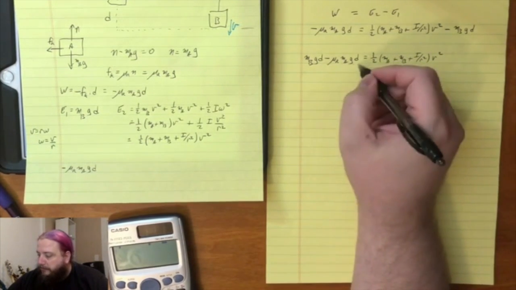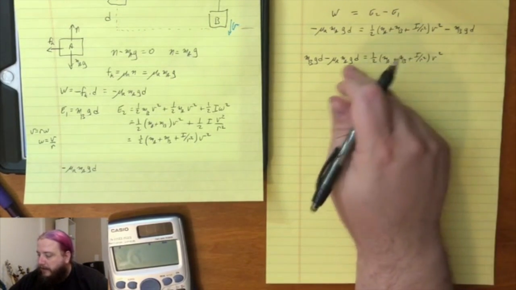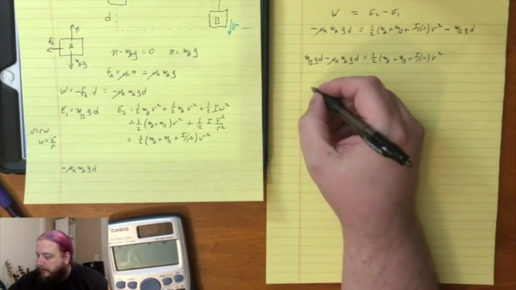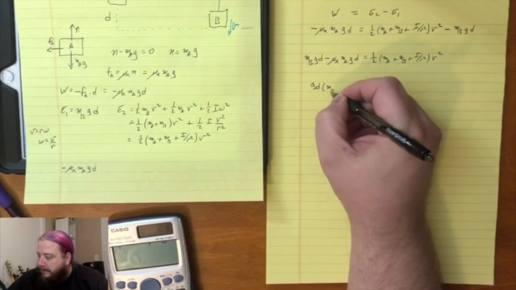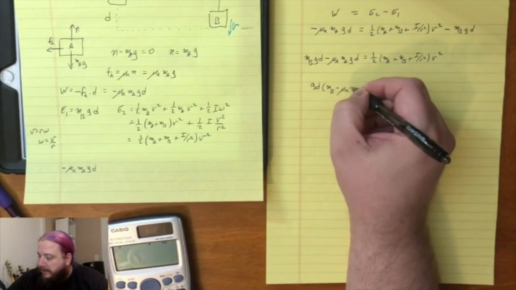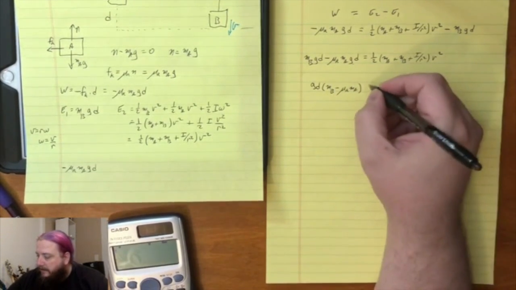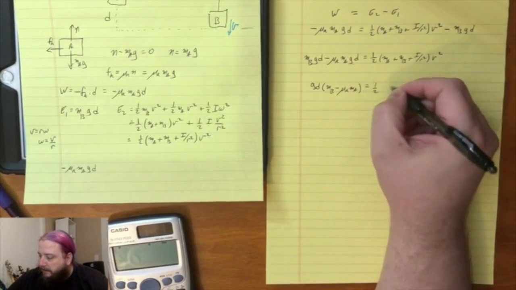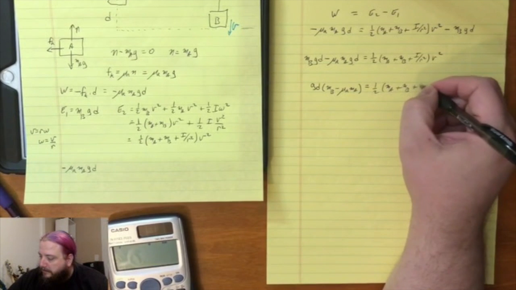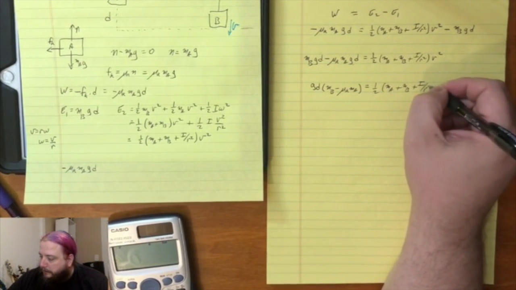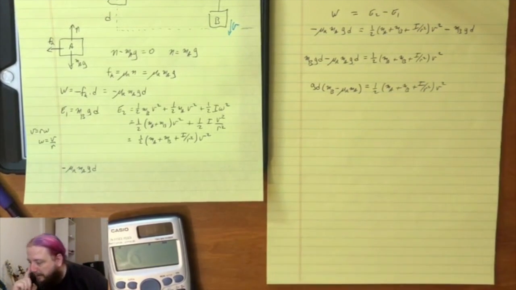Both of these first two terms have a GD in them, so we could pull that out. So that's GD times MB minus mu K MA is 1/2 MA plus MB plus I over R squared V squared.